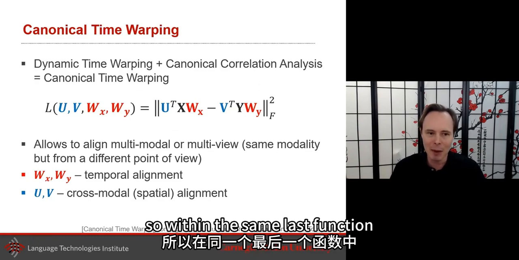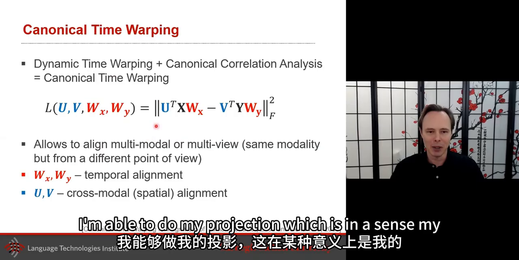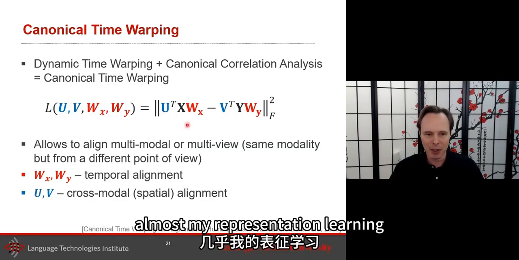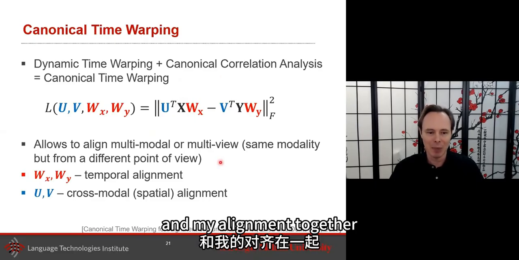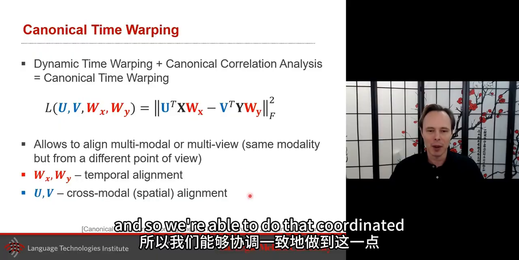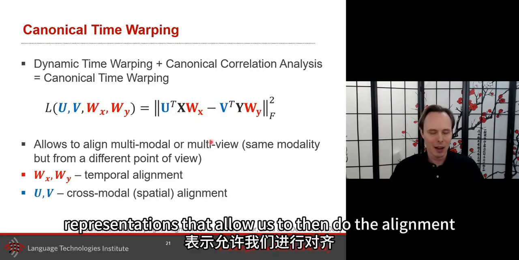Within the same loss function, I'm able to do my projection, which is almost my representation learning, and my alignment together. So we're able to do those coordinated representations that then allow us to do the alignment.